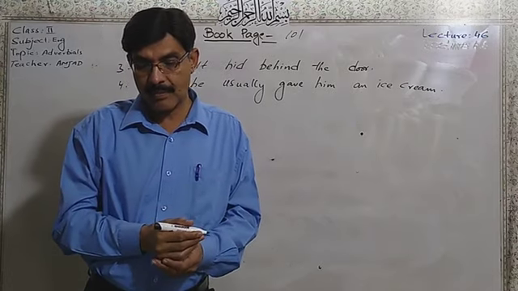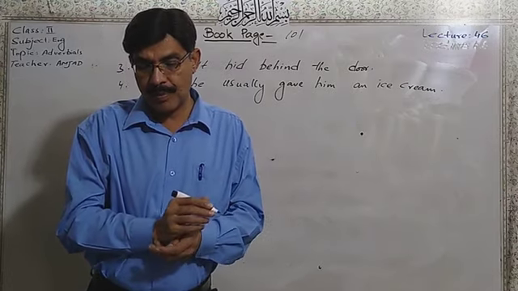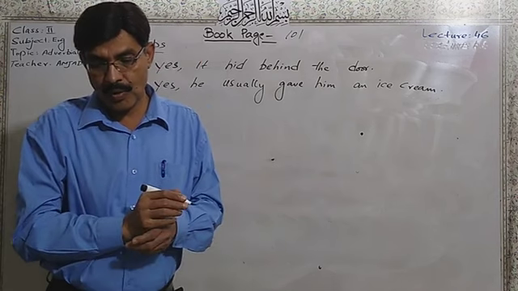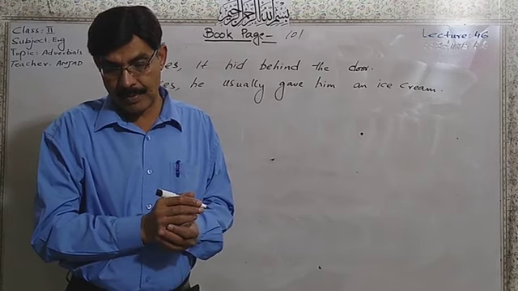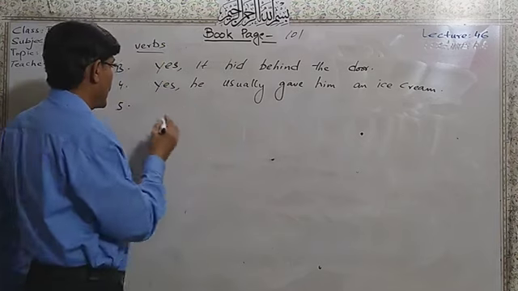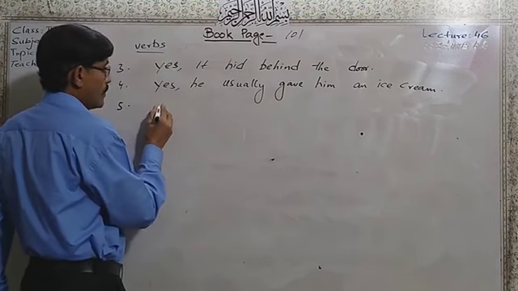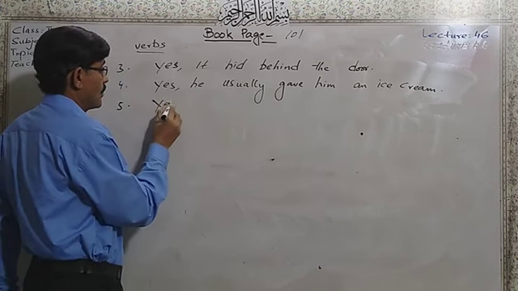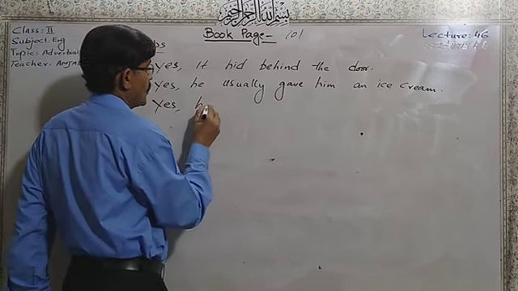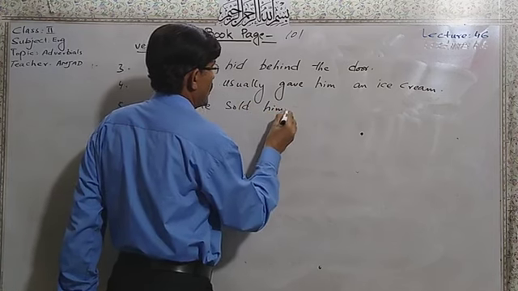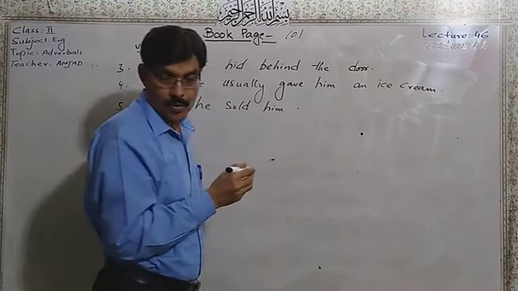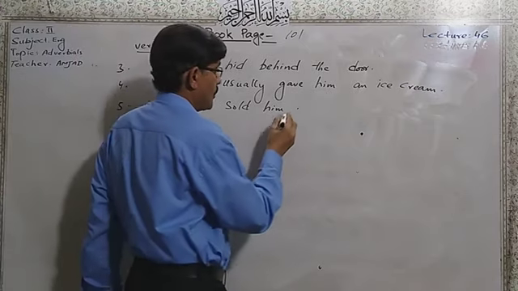Number 5. Sell and sold. He sometimes sells him a newspaper. He sometimes sold him a newspaper. He sold him a newspaper. You can write this one. Yes, he sold him a newspaper.